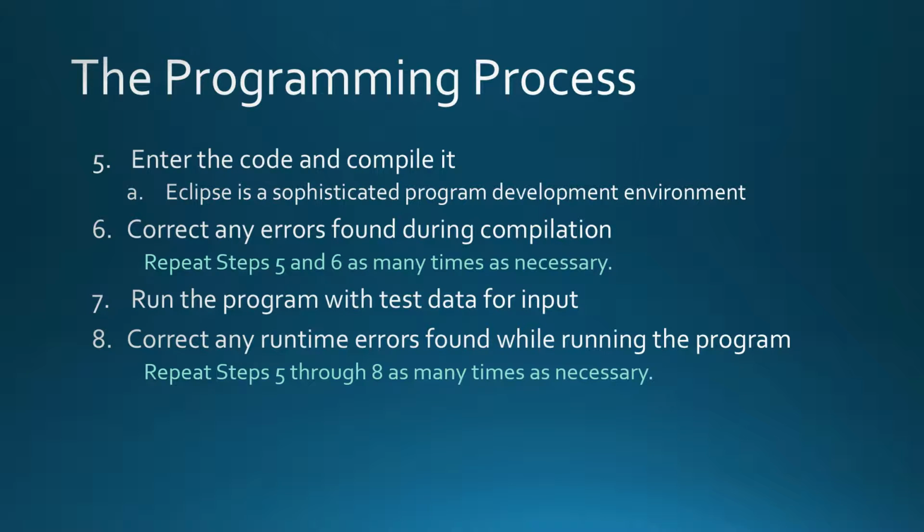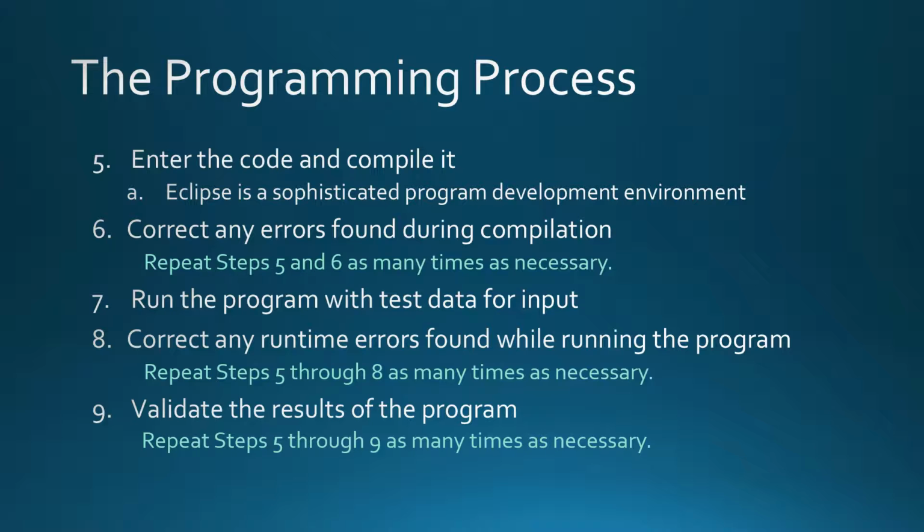Only after that will we take a closer look at the outputs to see if, as step 9 says, they're valid. And by valid, we mean, does the output that our code generates match the expected output? And where does that expected output come from? Well, it typically comes from the functional requirements.